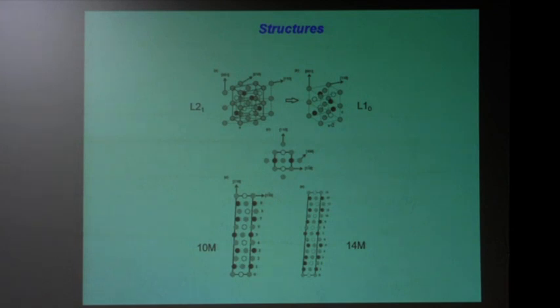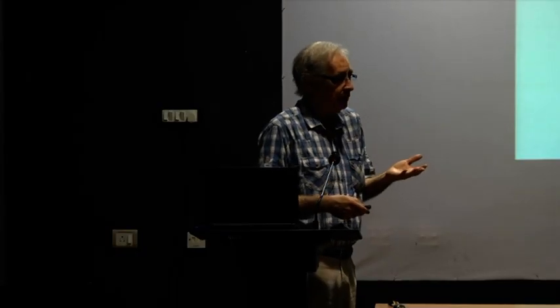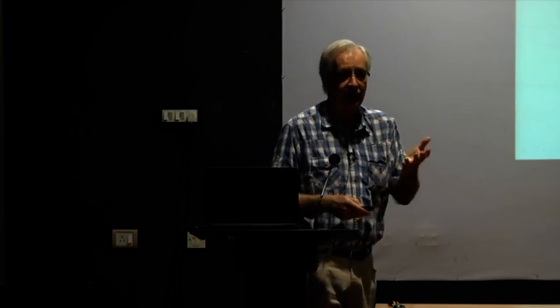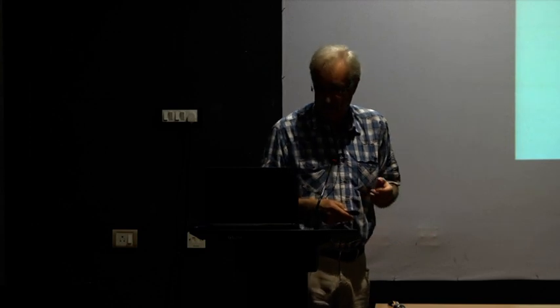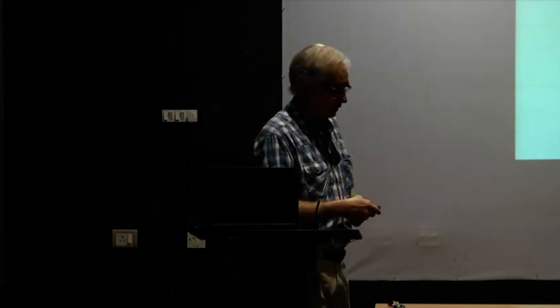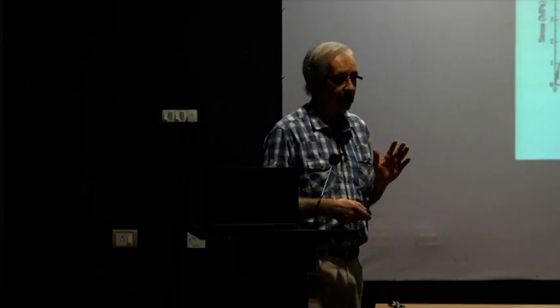Now, if we have a martensitic transition in nickel manganese gallium that can be affected by a magnetic field, well, we would like to characterize that, and the way to characterize that is to look at the stress strain curves, first of all, without using any magnetic field or anything, okay?